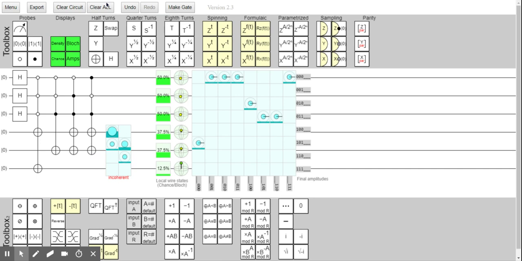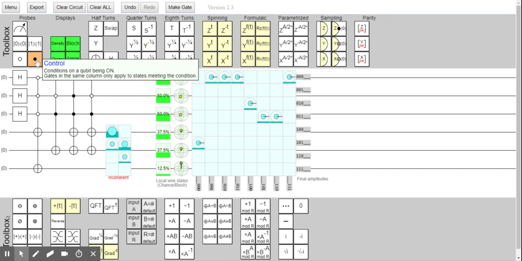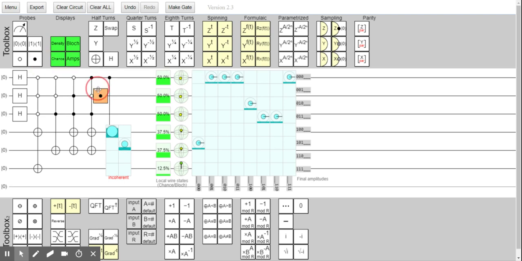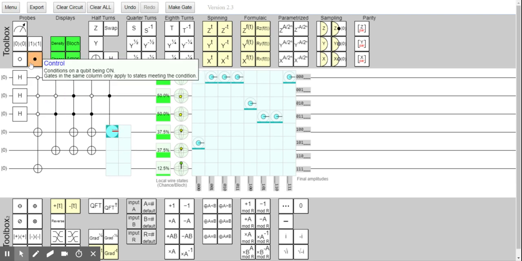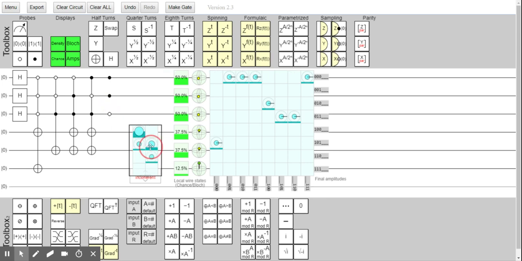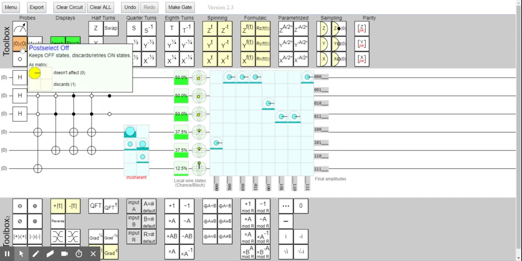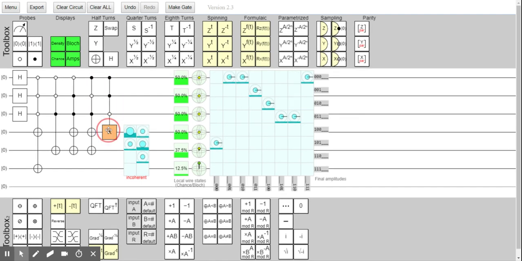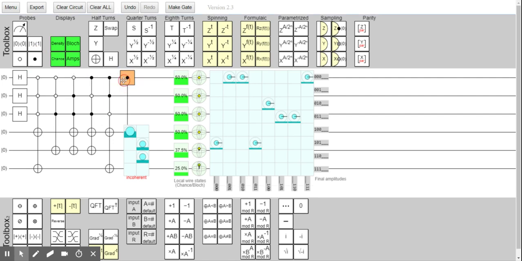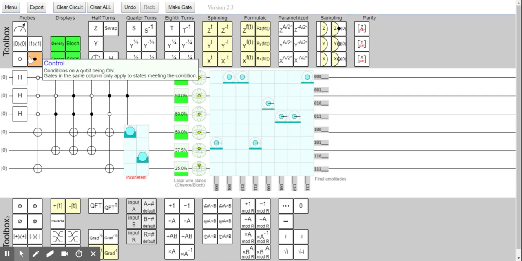For 1, 1, 0, we want 1, 0, 1. Sorry, 1, 1, 0, and I'm almost done. 1, 0, 1. And for 1, 1, 1, we want 0, 1, 0.